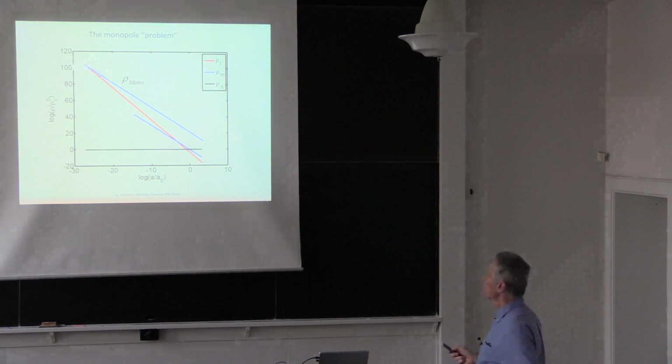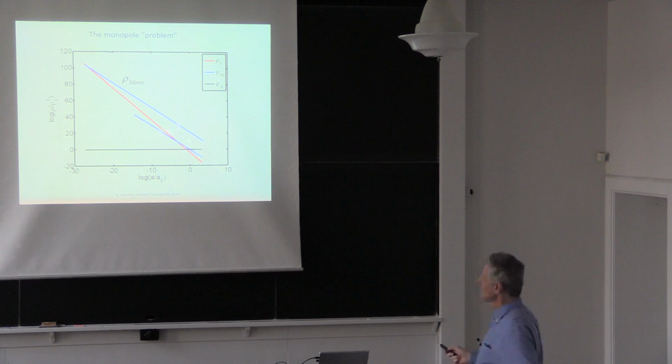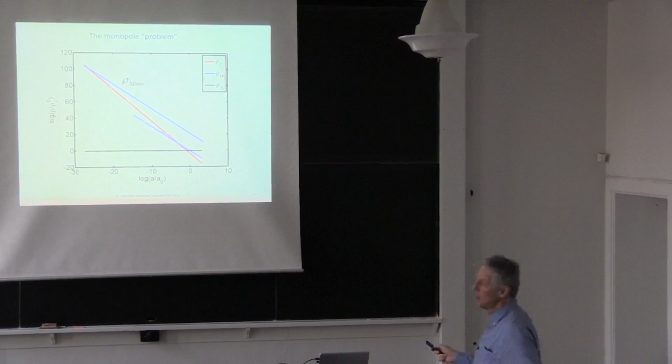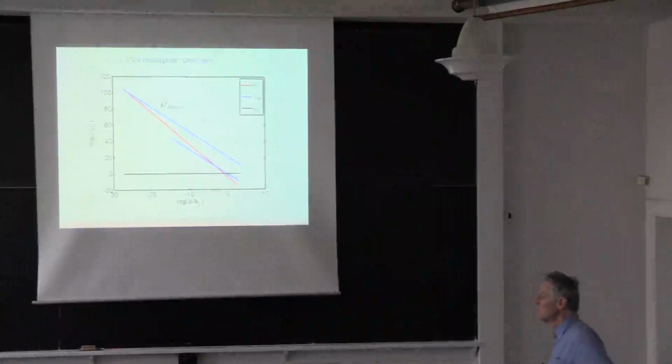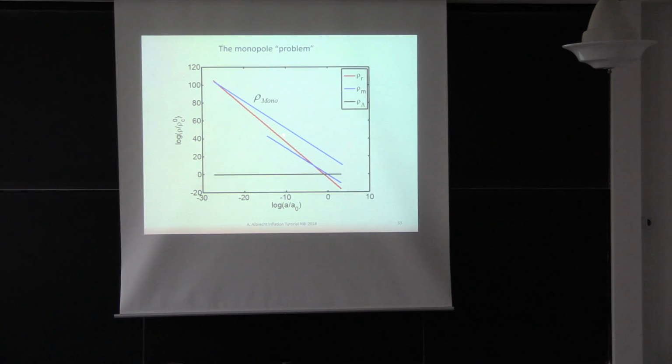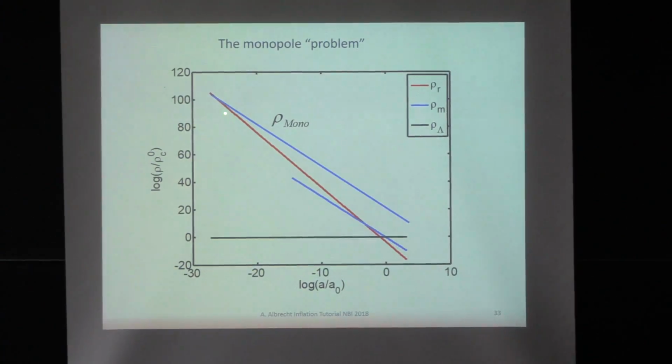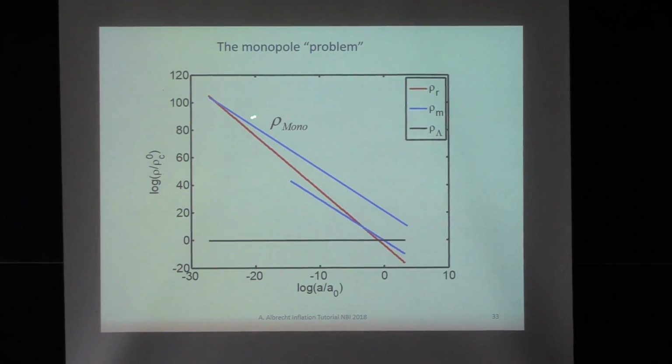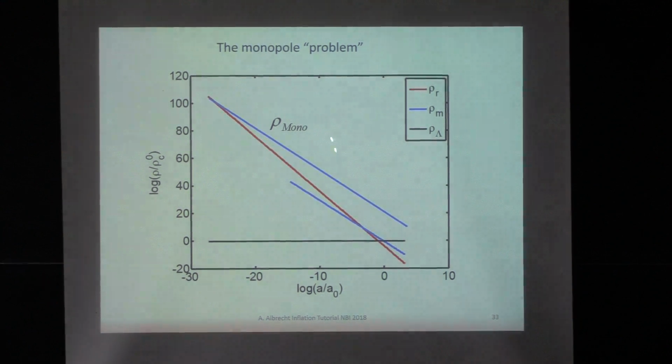We have this nice picture of the universe, and many of the successes are based on the fact that it's dominated by relativistic matter at early times. But you could find yourself in a situation where your theory predicts a bunch of non-relativistic matter that shows up very early in the history of the universe, such as magnetic monopoles.